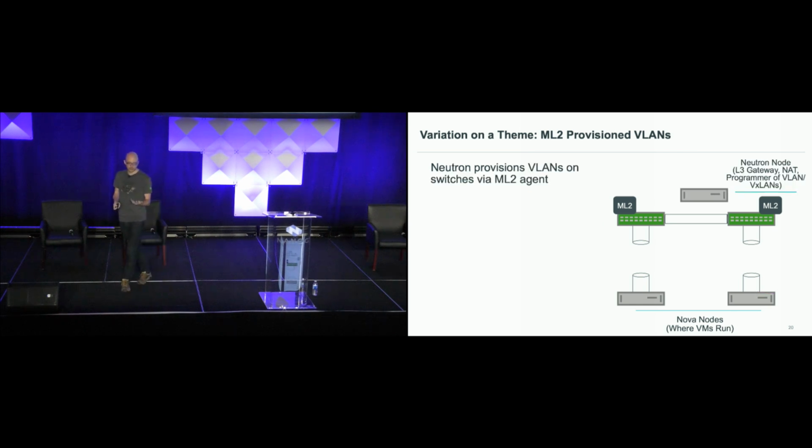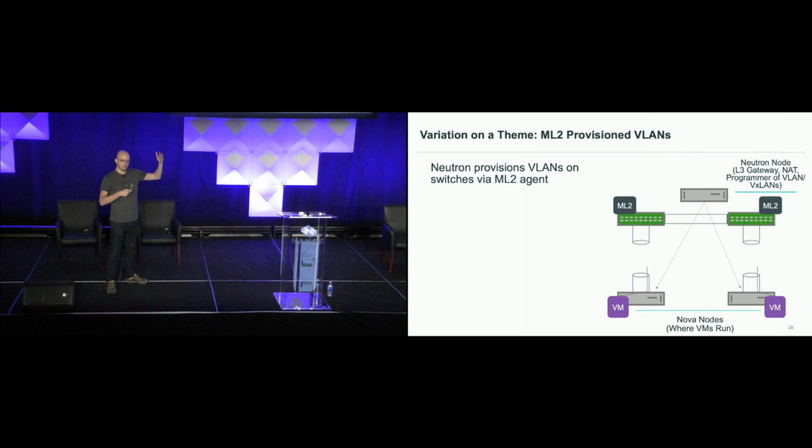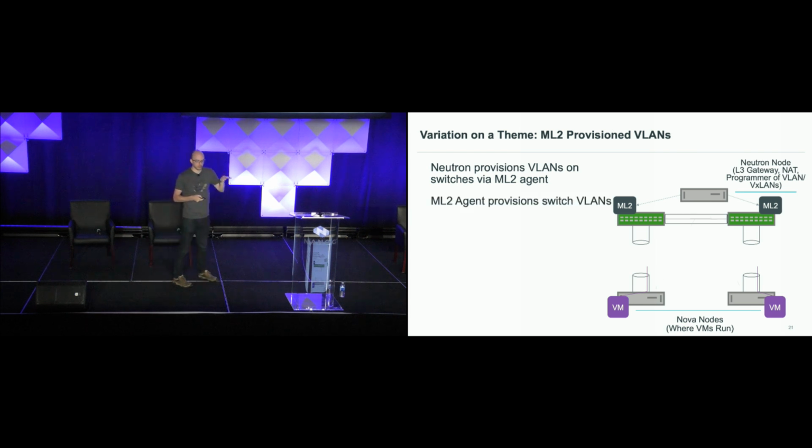Neutron will come along, and as it provisions the VMs, as it extends the network out of the VM, out of the host, it will also poke the ML2 agent and provision those VLANs on all of the switch links in the infrastructure.